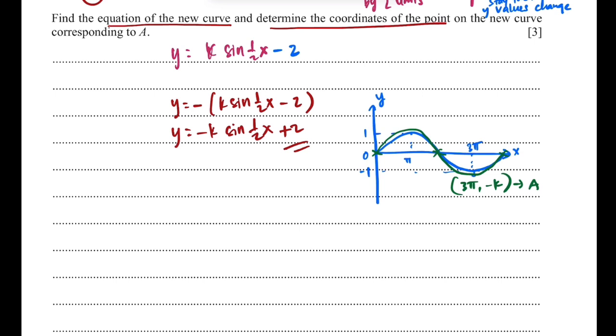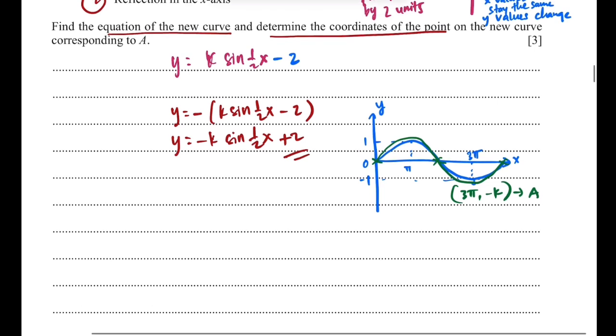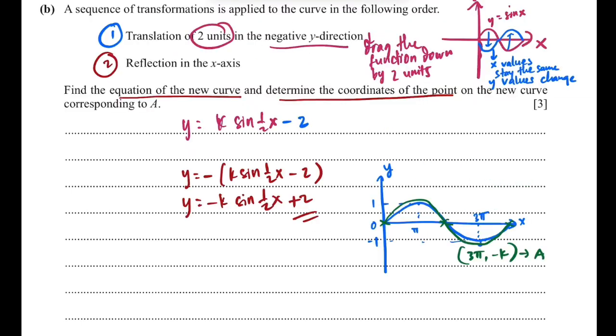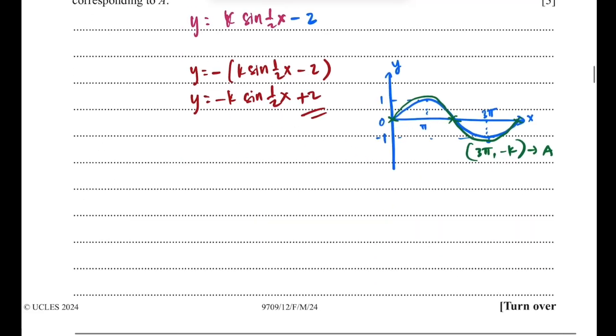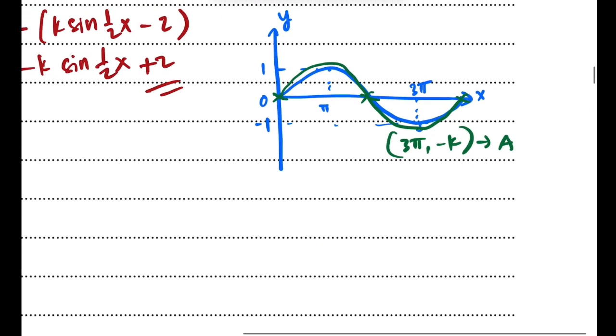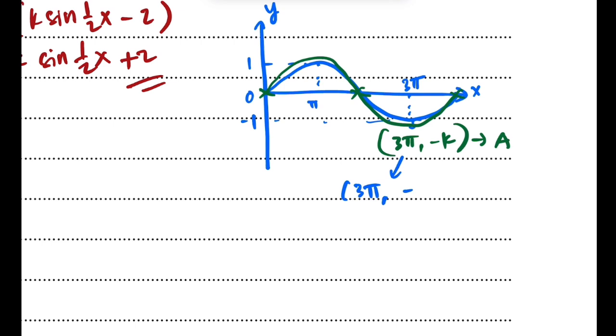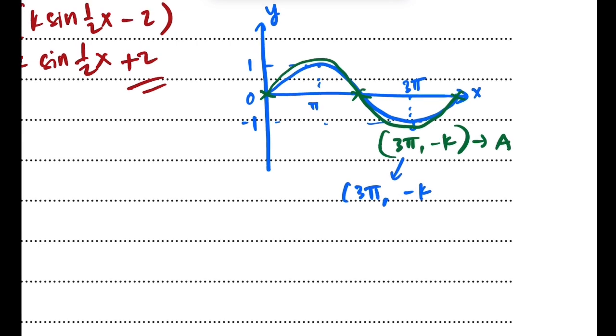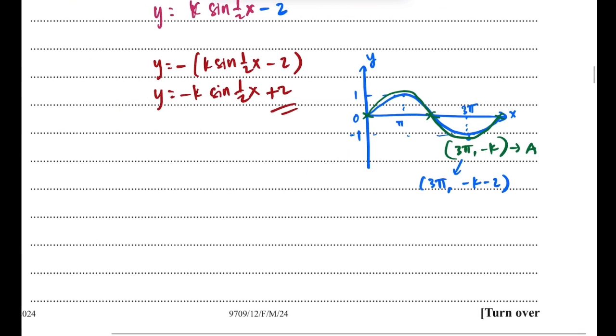Remember, the first transformation is translation 2 units downward, in the negative y direction, which means only the minus k value will be affected. After the first transformation, it becomes 3 pi. The x will not be affected. The y will be dragged down by the value of 2, so minus k subtracted by 2.